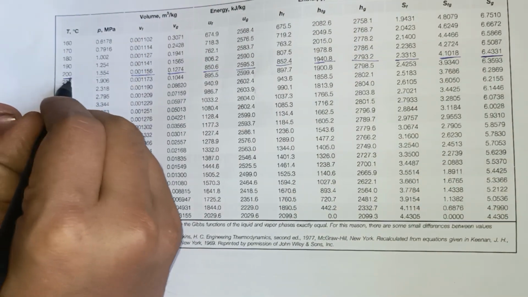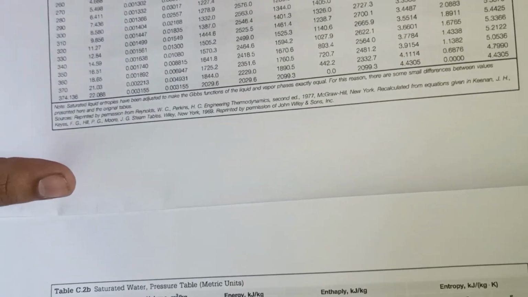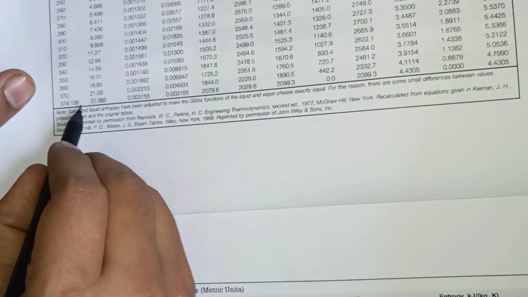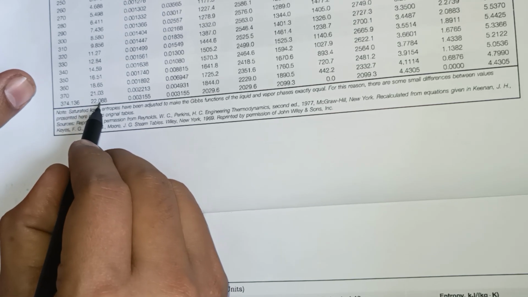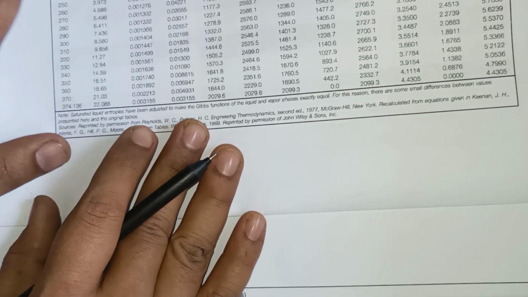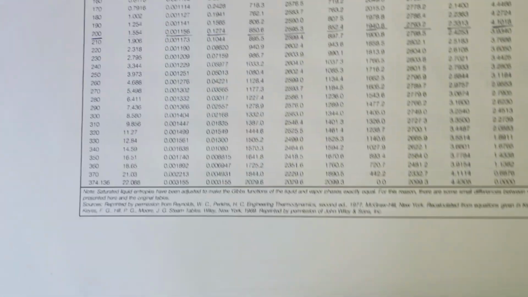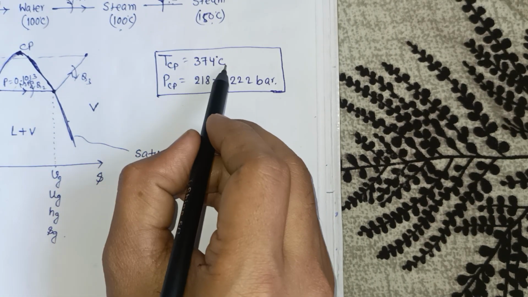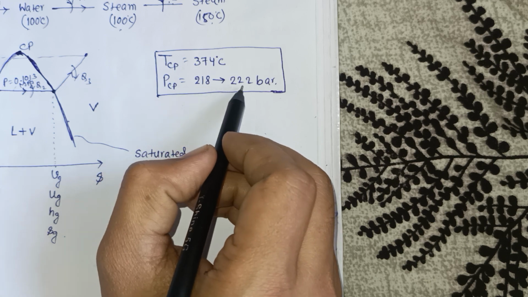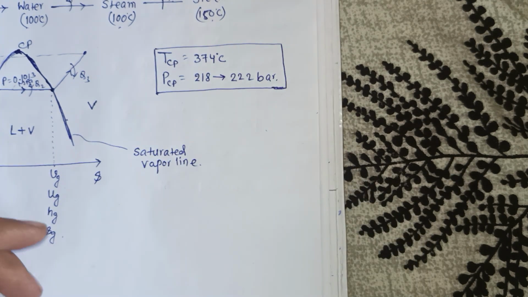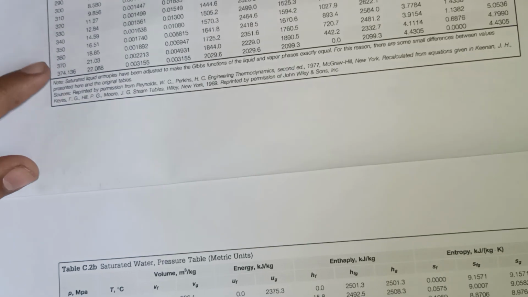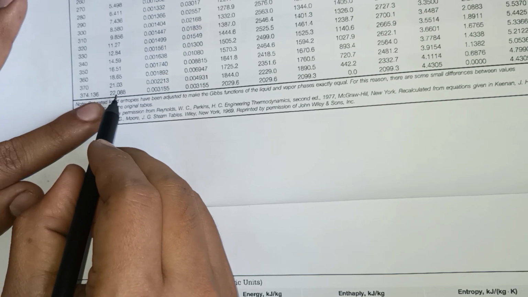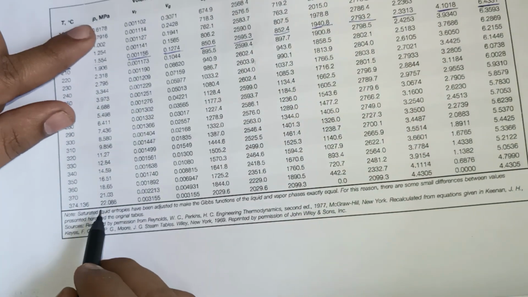Okay, with respect to 200 degrees Celsius temperature. Now this steam table ends at this point, that is 374.136, and the pressure will be 22.088 megapascal. This steam table ends here because we know the critical point temperature is 374 degrees Celsius and pressure is about 220 bar.